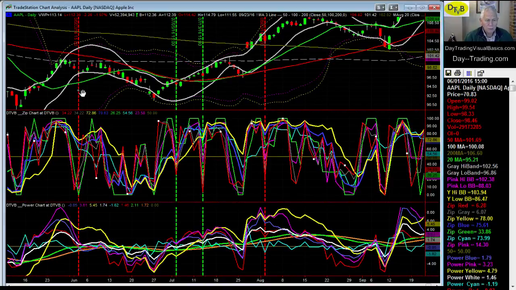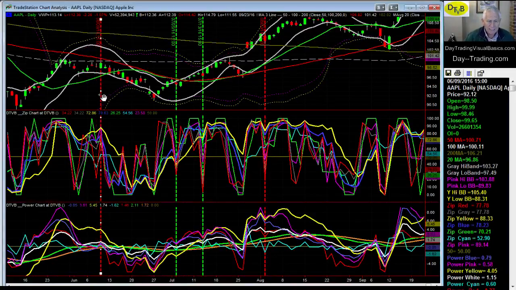So you wouldn't want to deal with the twin yellow lines, Zip Yellow and Power Yellow, until you had a downturn. At this point, in all likelihood, we can see a downturn coming from the different types of examples in the charts. Just on these two charts we have several up touches on both charts, and those up touches are indicative of the next day down.